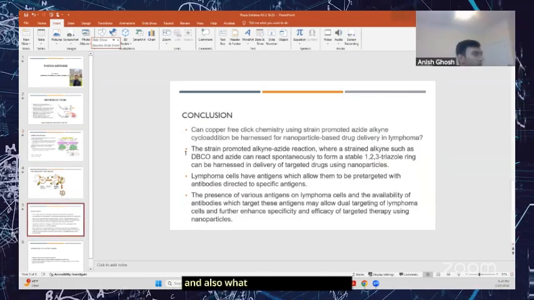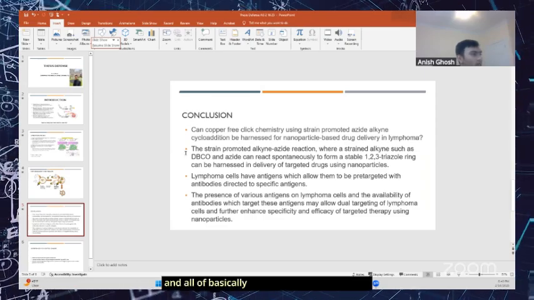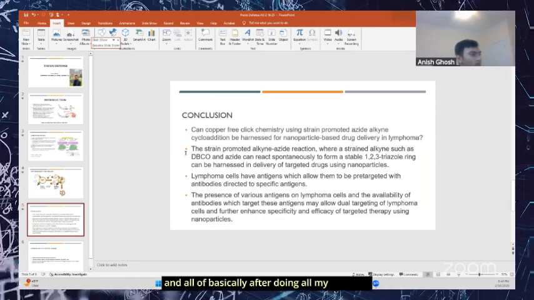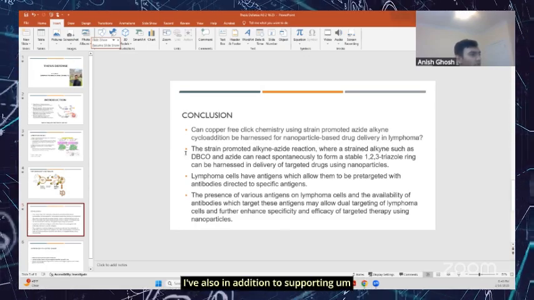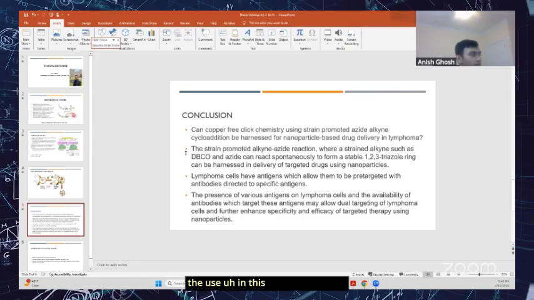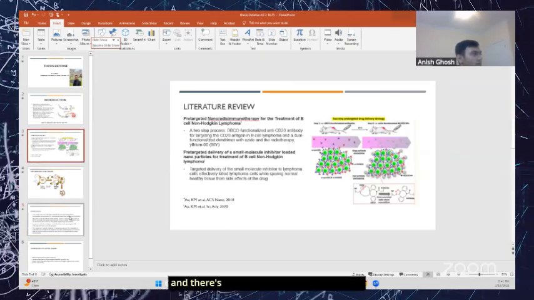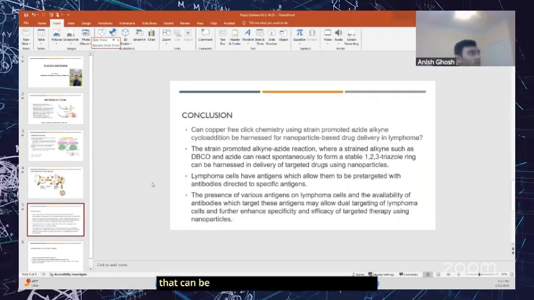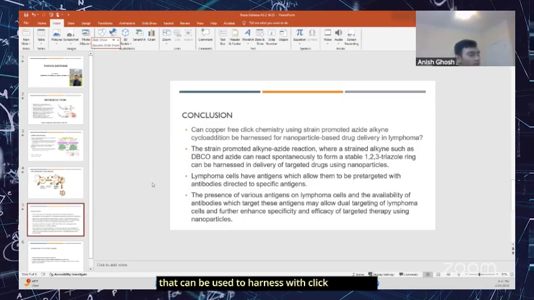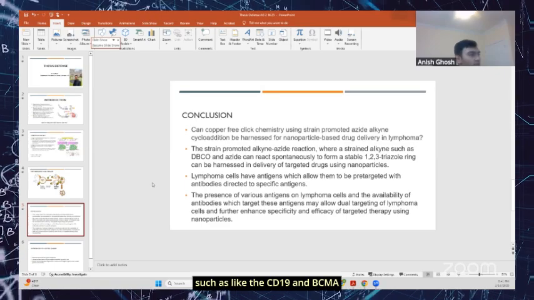And also what I found, basically after doing all my research, in addition to supporting the use in this case for the CD20 antigen, there are also other antigens that can be used to harness with click chemistry, such as CD19 and BCMA.